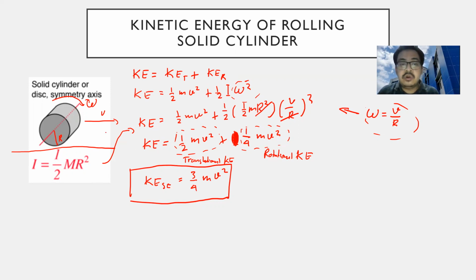But finally, if you are asked the total kinetic energy of a rolling cylinder, you just need to add up these two terms, and it becomes this one. Okay, I hope you can understand this, because for the next calculation, I will just start here.